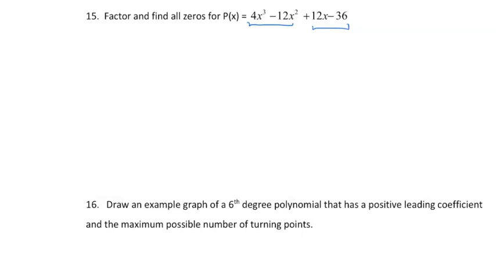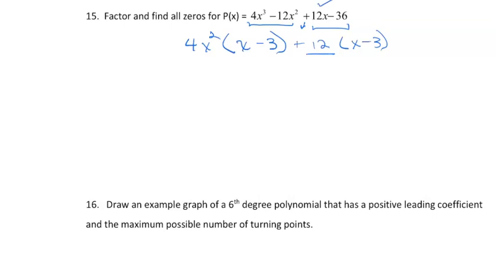Okay, looking at the first group, they have a 4x squared in common. To get these first two terms back, I need an x minus 3. Verify that for yourself. Bring down this operation. I make this happen. And what number can go here? The number is 12.